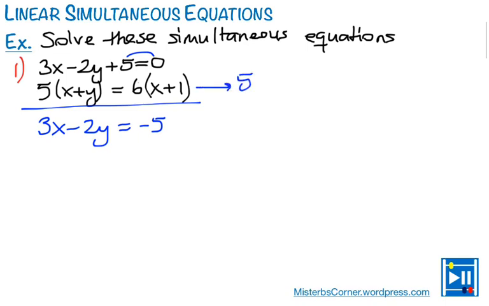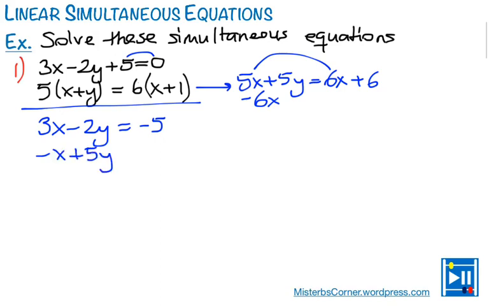So it's going to be 5x plus 5y equals 6x plus 6. And then I'll take 6x to the other side. It will be easier. So I'm going to have minus 6x here. Right, so 5 minus 6 is minus 1, so it's going to be minus x plus 5y equals 6.